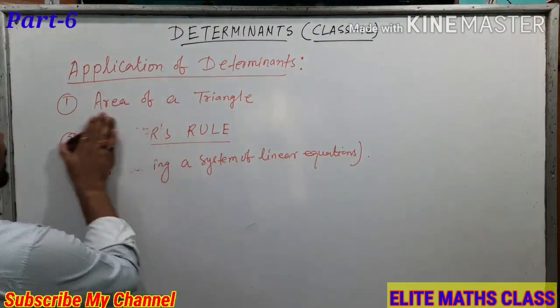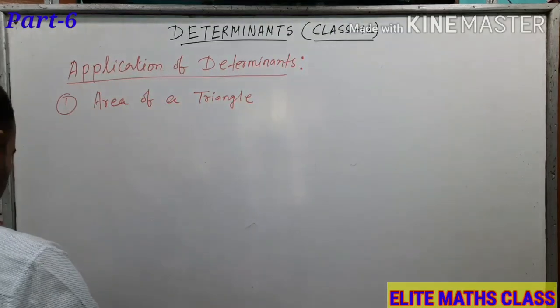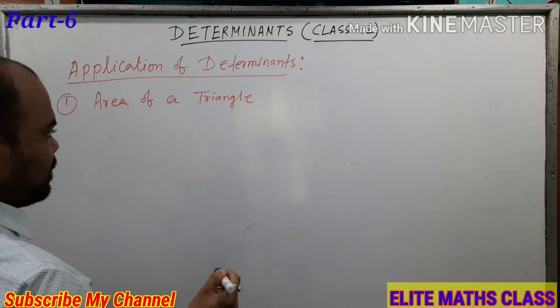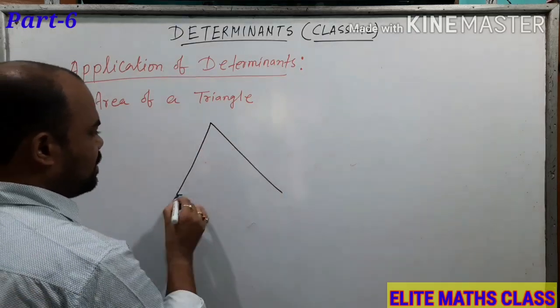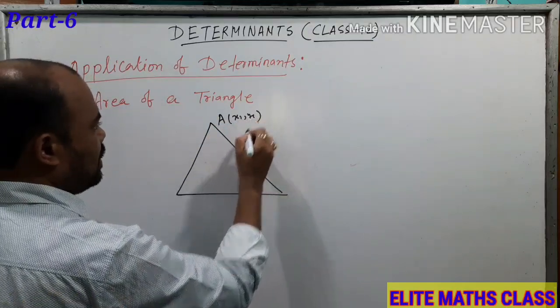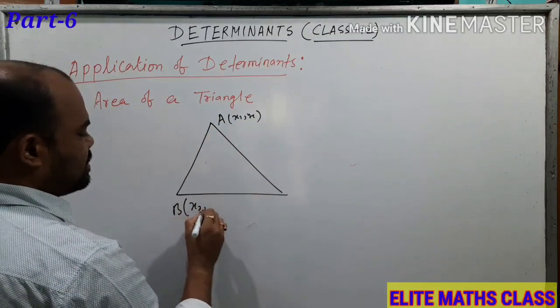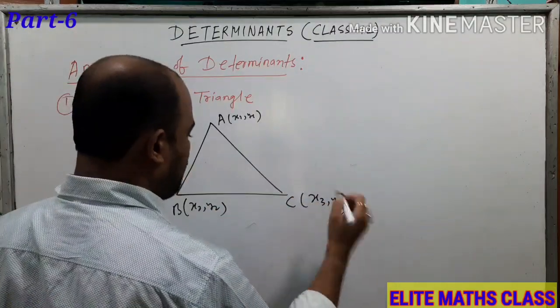So let us first see how to find the area of a triangle by using determinants. In coordinate geometry, there is a formula for finding the area of a triangle. Say this is a given triangle whose vertices have coordinates x1, y1, x2, y2, and x3, y3.